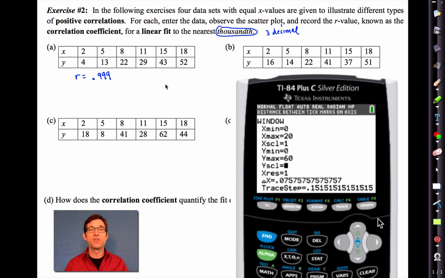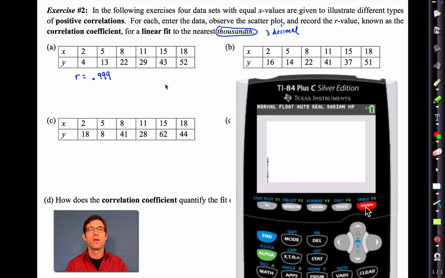All right, our window's all set, our data's in there, all equations are turned off, and graph. Look at that scatter plot. It's almost perfectly linear. I mean, it is very close to a straight line. So that is a great linear.